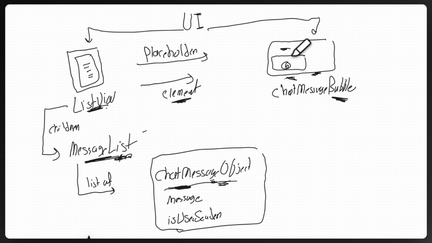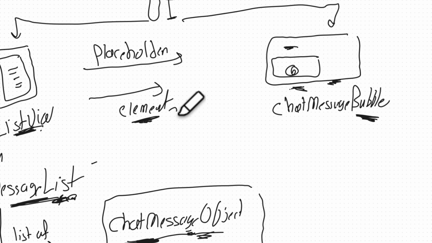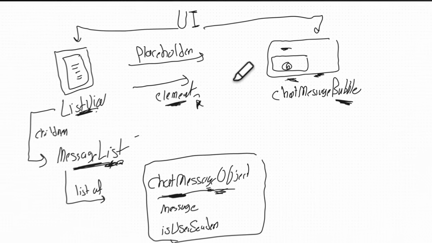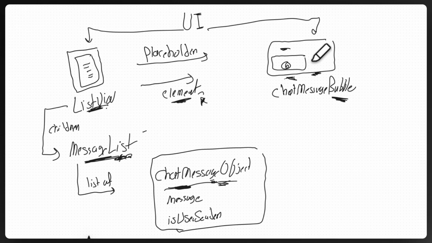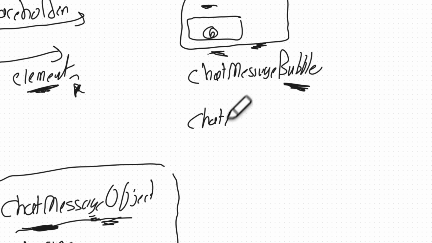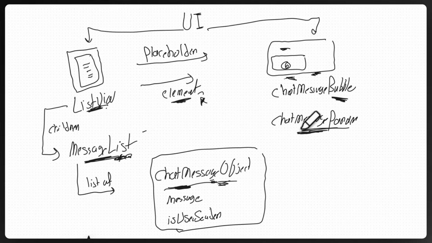Now, the problem here is I don't have a way to accept this variable so I can use it inside the bubble. That's why we created something called chat message param. And this was a parameter created inside the chat message bubble component.